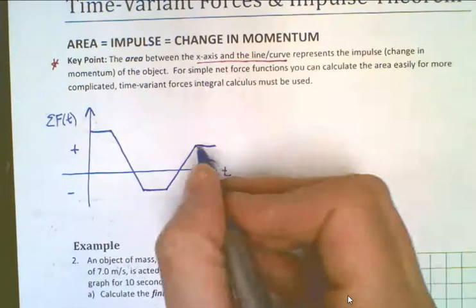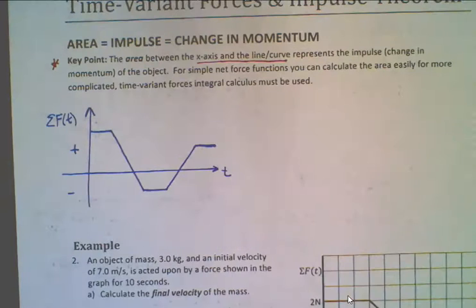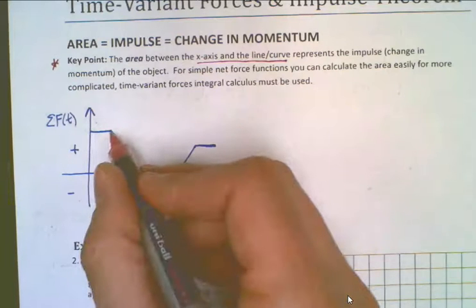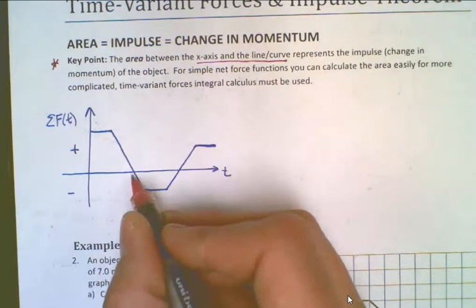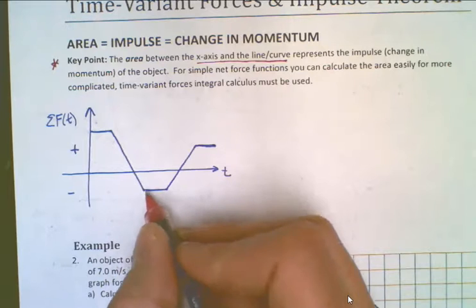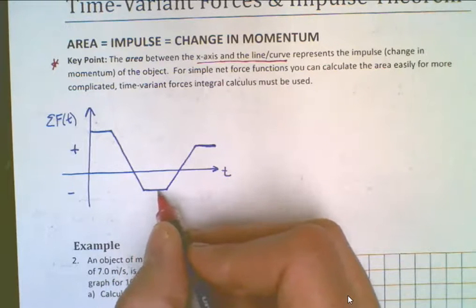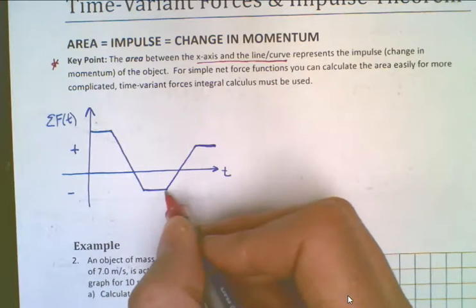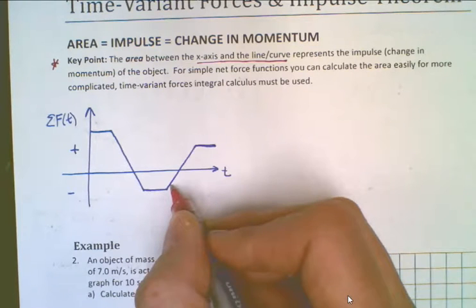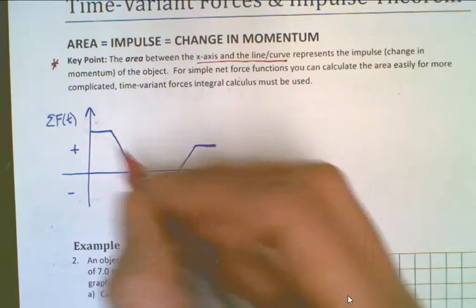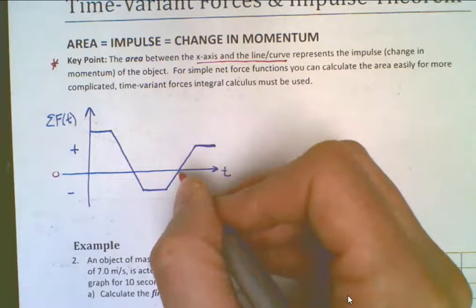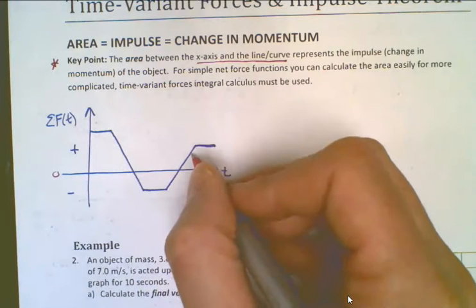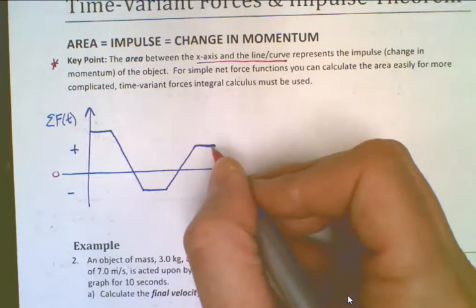So this force is changing. It starts at some positive value, then decreases, and then the force pushes in the opposite direction. Then it levels out at a constant force in that negative direction for a little bit, then decreases in the negative and becomes 0, so there's no net force. Then the net force continues to increase until it remains constant at some point here.